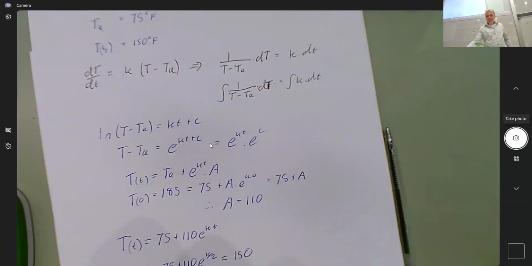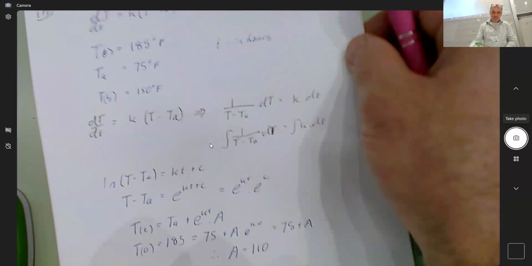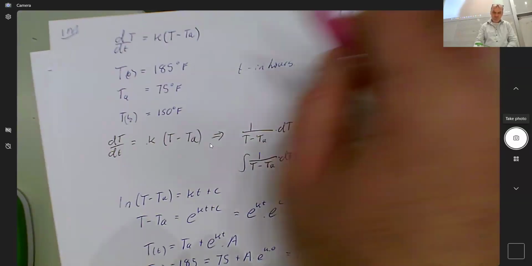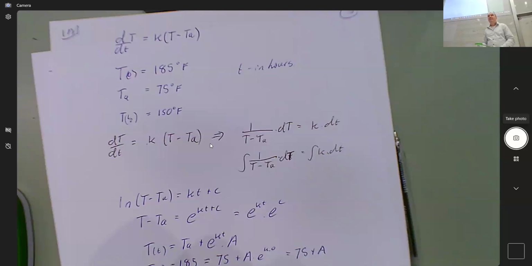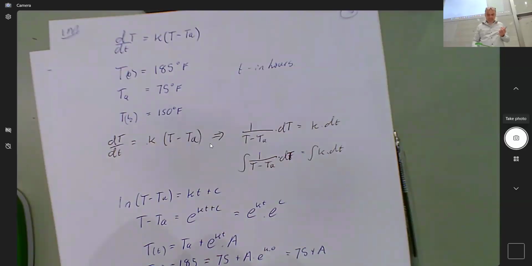Where you've got your unknowns. You've got your A, which is associated with that difference between initial temperature and ambient temperature, and then you're using the extra information. The thing that possibly people don't do often enough that is really helpful is actually writing out the information you're given in a clear, concise way that matches the way you're going to talk about it through the problem. So this bit is probably the pro tip.